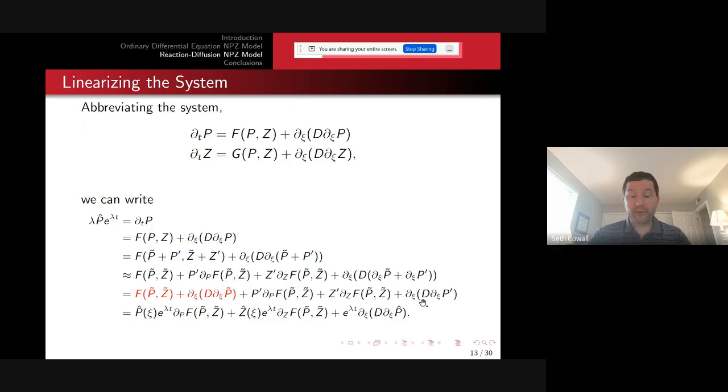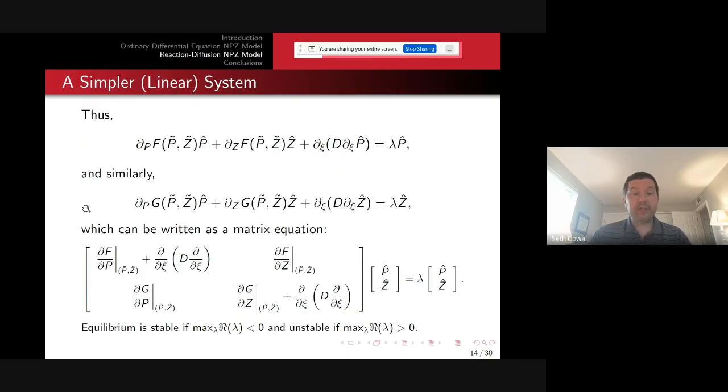If you write out the long version of that, each of these terms will have lambda t multiplied by it, so we can factor that out from both sides of the equation, and then we get this equation. Similarly, going through this same process with the zooplankton equation, we get this, and we can write these two equations together in a matrix equation, and this becomes an eigenvalue problem.